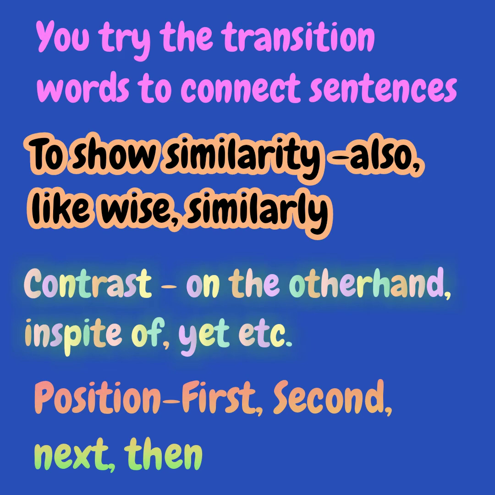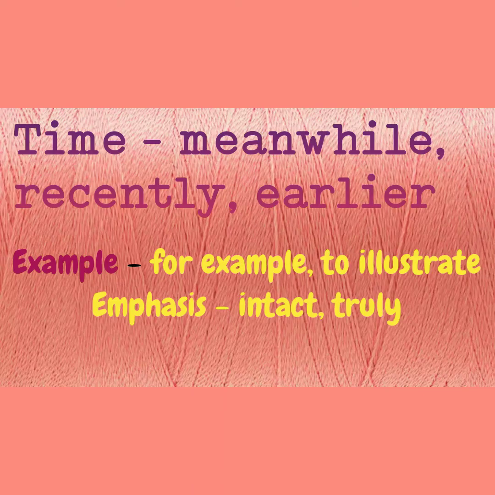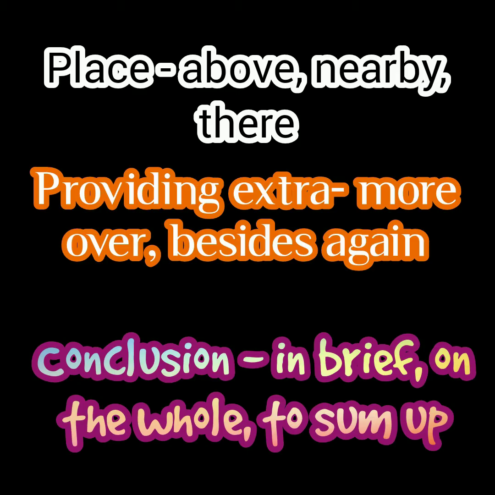To show time, meanwhile, recently, earlier. For example, you can use for example to illustrate. To emphasize, you can say in fact or truly. Place: above, nearby, there. Providing extra: moreover, besides, again. Conclusion: in brief, on the whole, to sum up, etc.